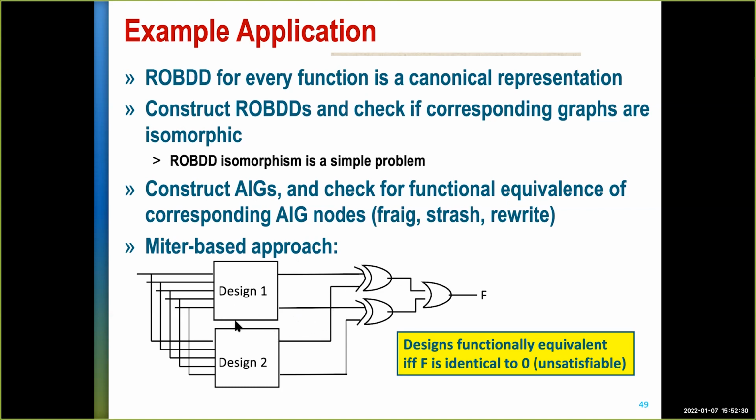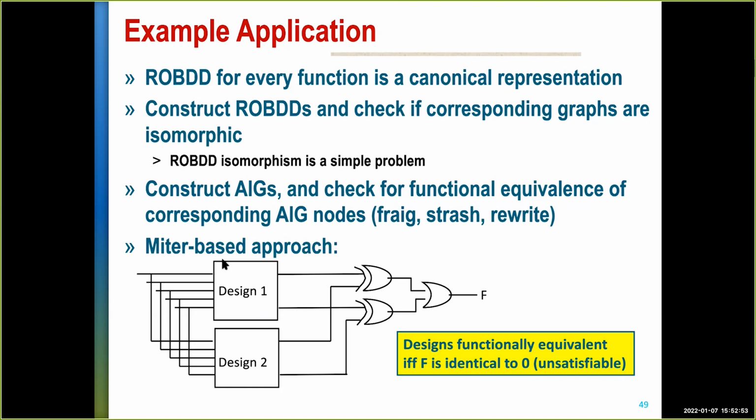But typically what would also happen is that in these two designs, maybe not everything has changed. Maybe there are large parts of the design that are still the same, and there are some parts that have been changed.